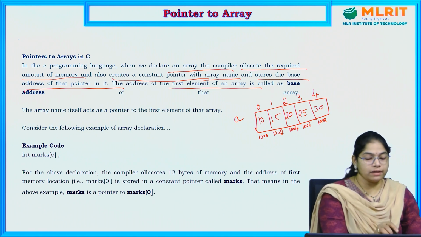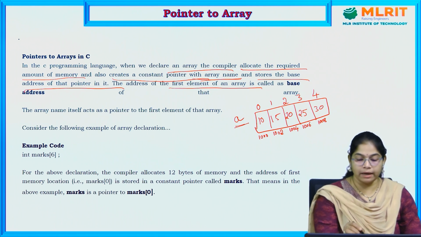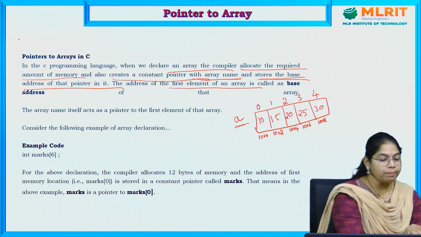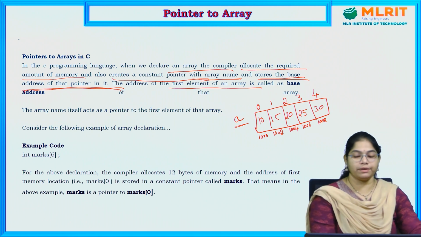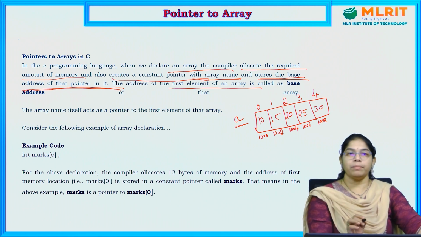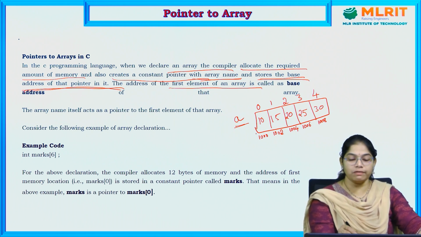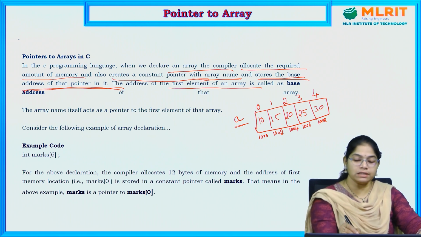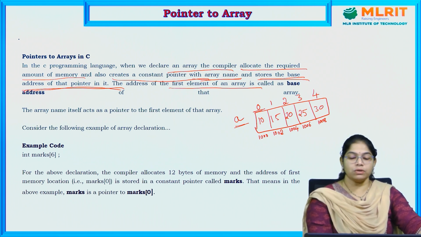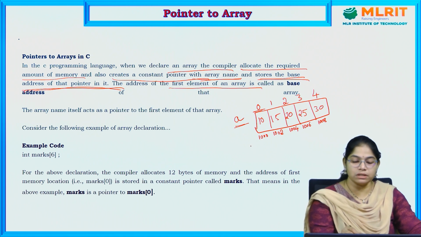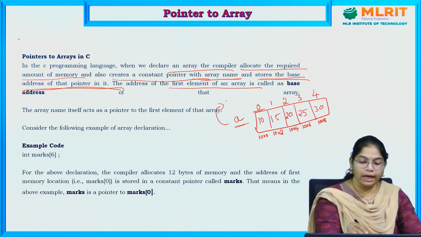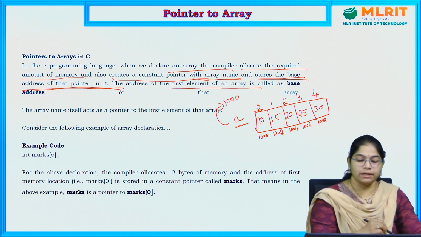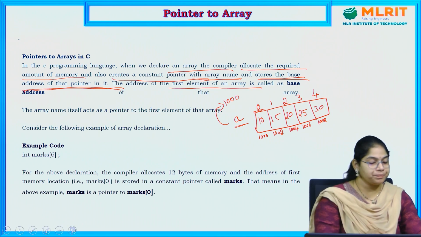The array name, here A, stores the base address. What is the base address? The base address is nothing but the address of the first element of an array. The first element of an array is at the 0th index, so the base address, the address of the 0th index, is 1000. So A holds the base address, that is 1000.